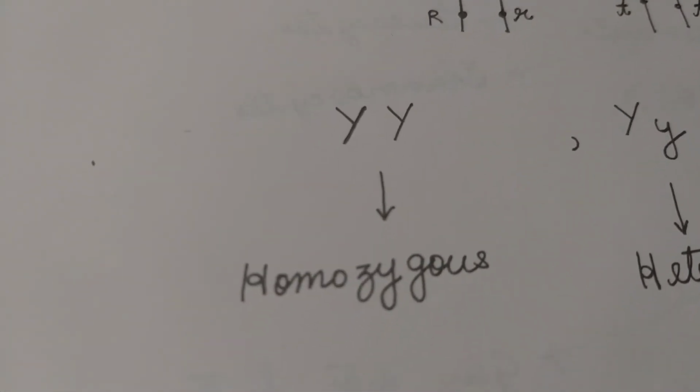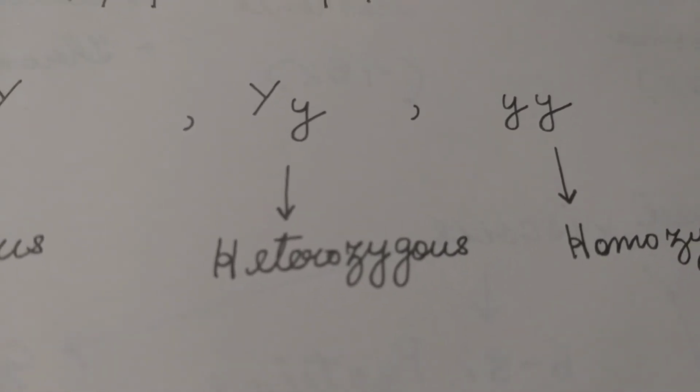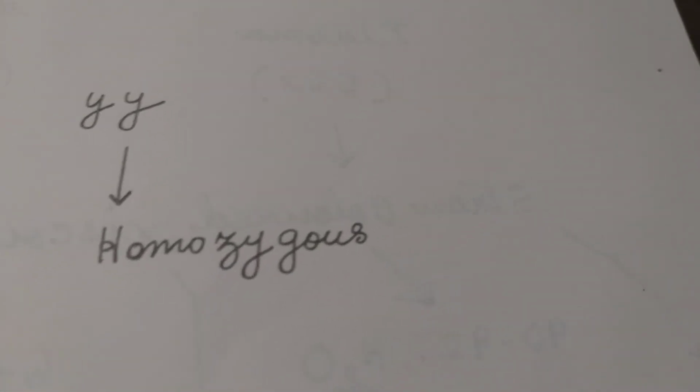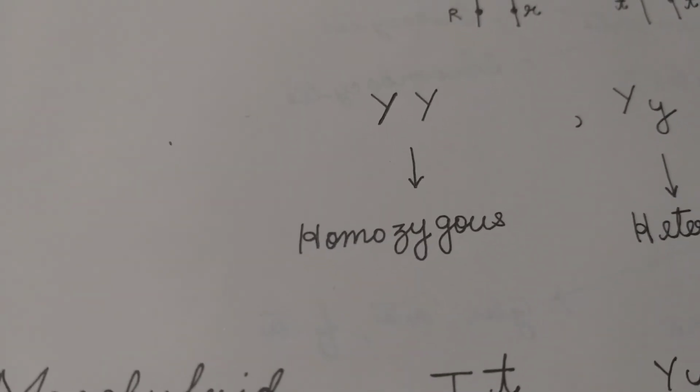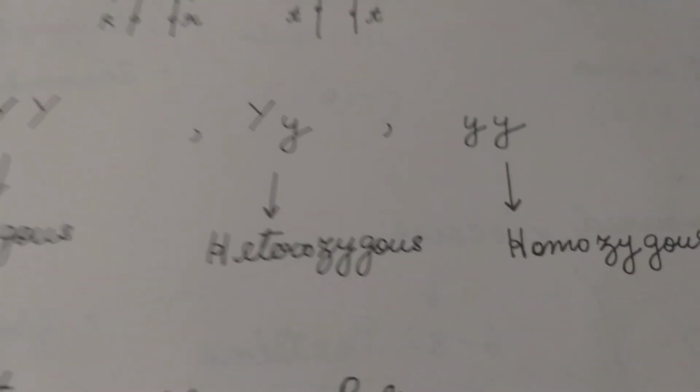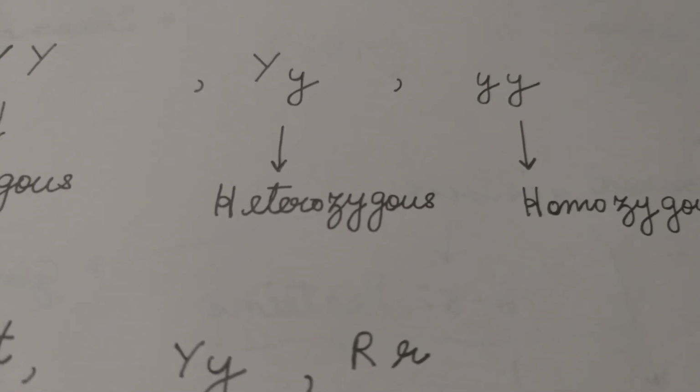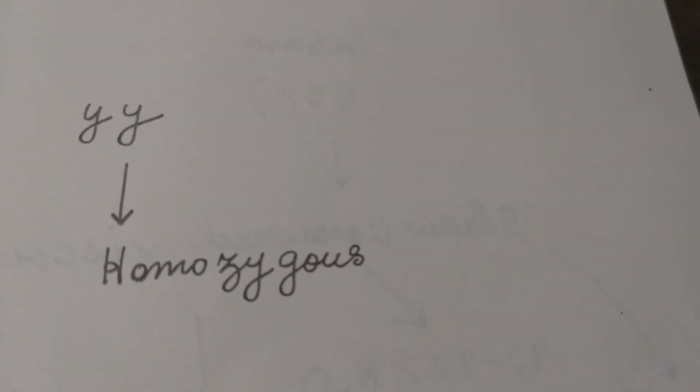This is yellow seed: yellow homozygous, yellow heterozygous, green homozygous, recessive. This is homozygous, dominant, heterozygous, dominant, homozygous, recessive.